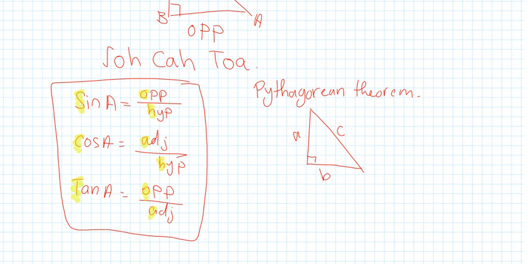So A squared plus B squared equals C squared. This is the Pythagorean theorem, and we use that whenever I have two sides in a right angle triangle and I'm looking for the third. Okay?